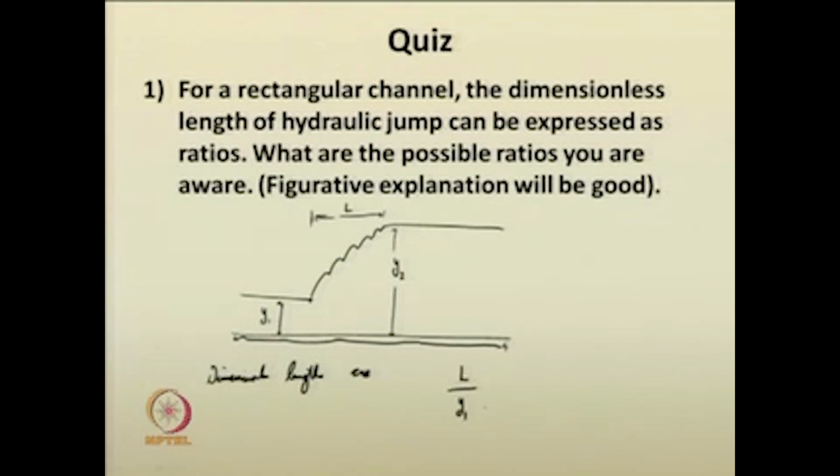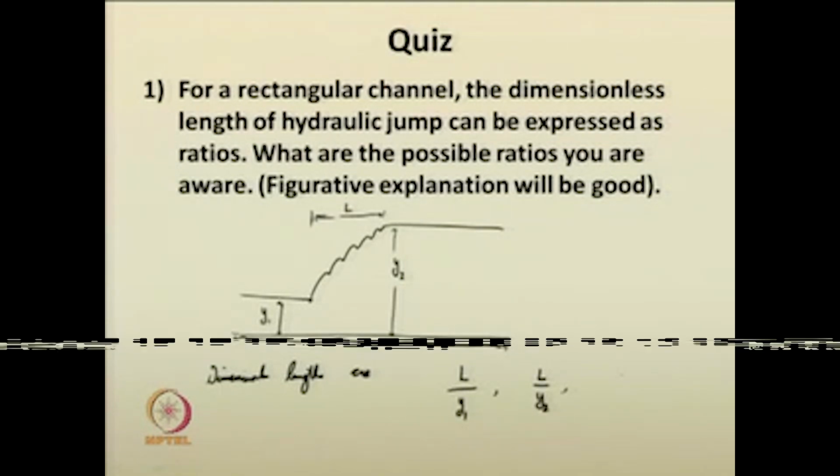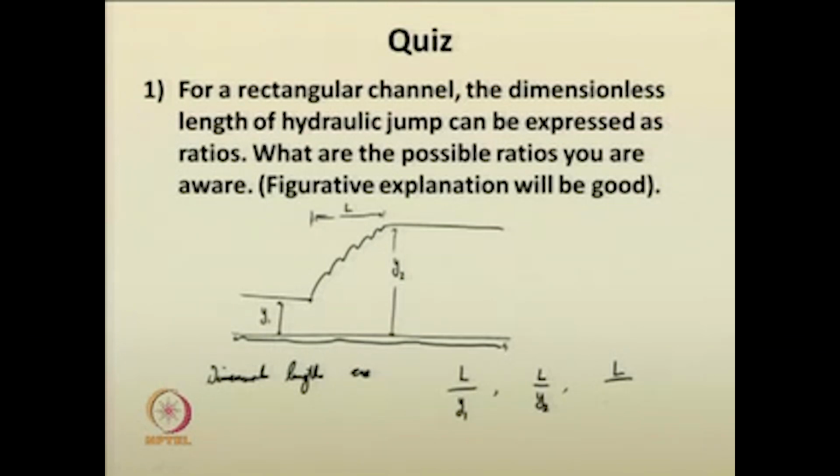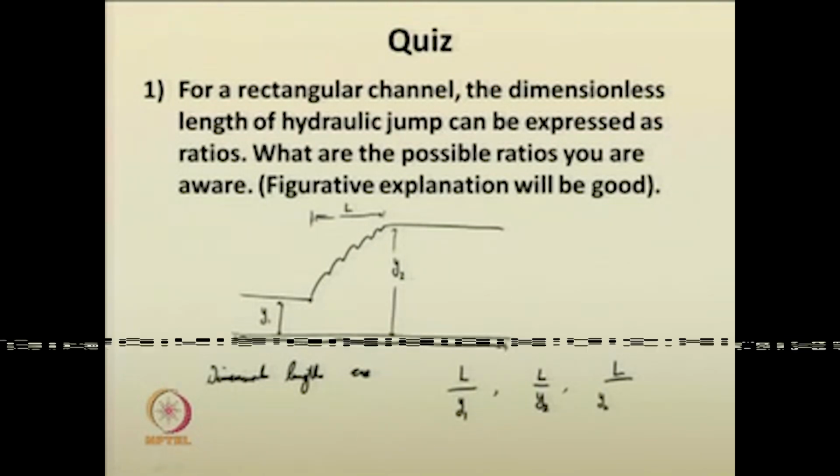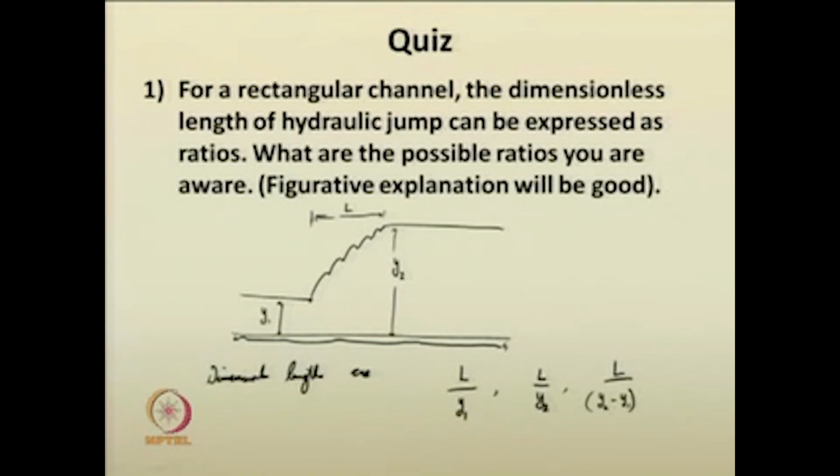You can also have a relationship between this quantity and the Froude number in the upstream section, or you can have L by y2, or L by y2 minus y1, that is the height of the jump. Like that also one can easily define, and you can empirically evolve a relationship between the length of the hydraulic jump and Froude numbers.